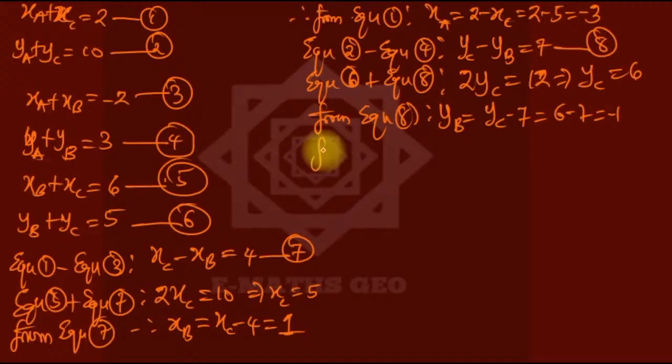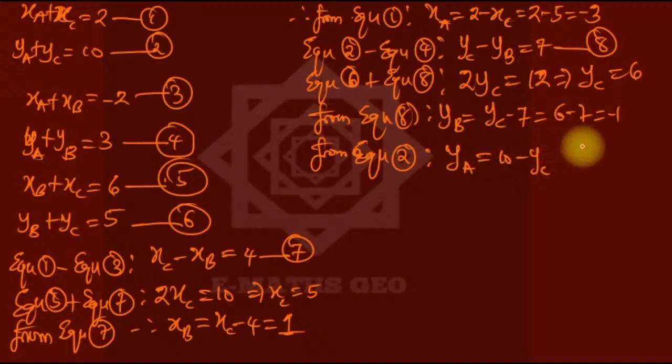From equation 2, we see that YA is 10 minus YC, which is 10 minus 6, which is 4. So we've gotten everything.